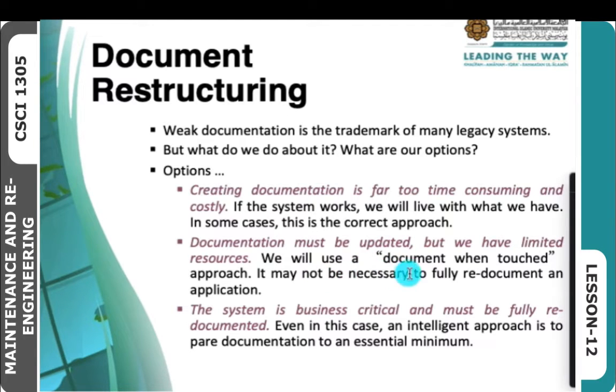It may not be necessary to fully redo documentation for all applications. Then the third option is that the system is business critical and must be fully re-documented, meaning you have to redocument. Even in this case, an intelligent approach is to pare documents down to an essential minimum, meaning whatever is necessary and important, you document. Okay, that is document restructuring.